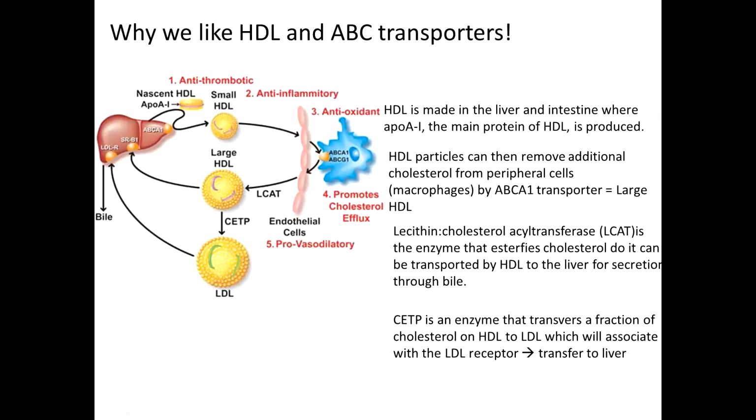Okay. LCAT is important for being able to make that cholesterol be in a position or chemically modified so it can be transported to or by HDL. Okay. And then LDL, some of it's going to go out through bile and some of it's going to go back to the liver.